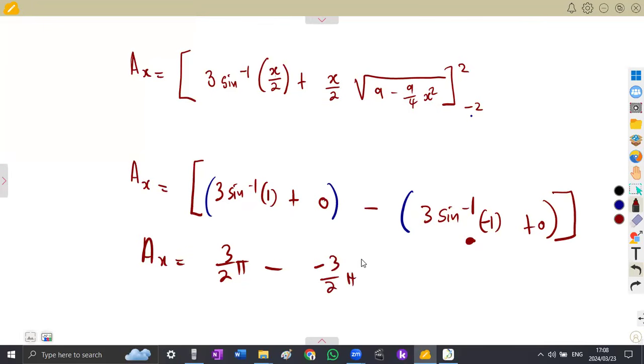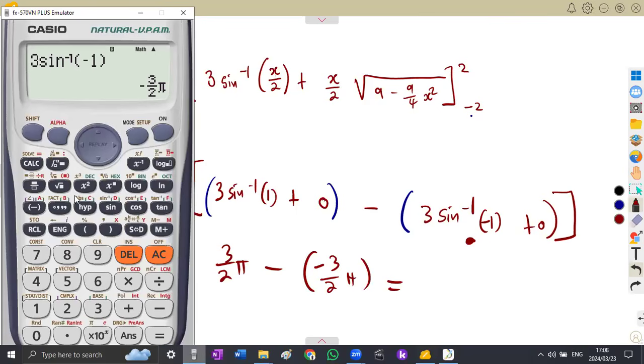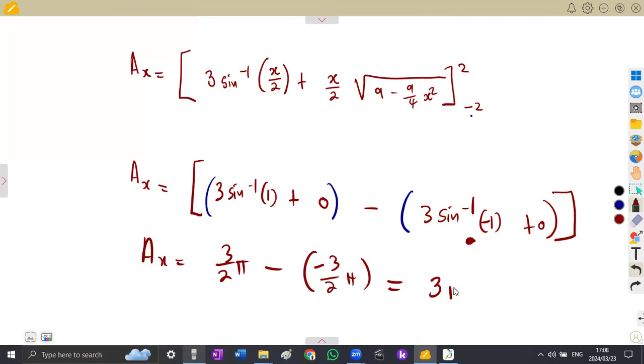So if you simplify the previous answer, the 3 over 2 pi that we had, minus 3 over 2 pi, you're going to get a 3. So our answer will be 3, but having what? A pi. So it's going to be 3 pi. This is area, so it's going to be 3 pi square units.